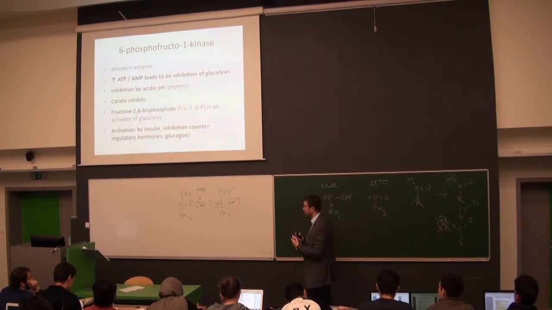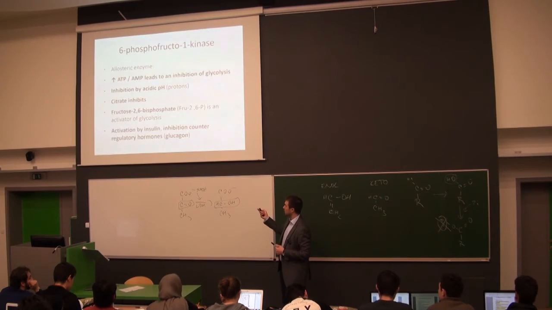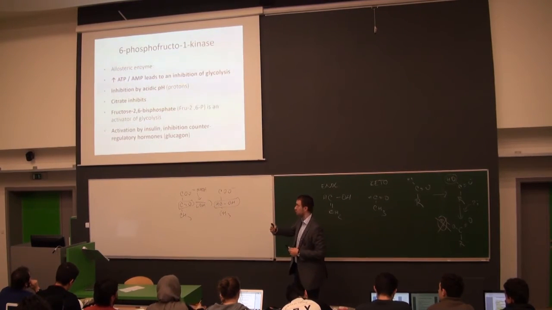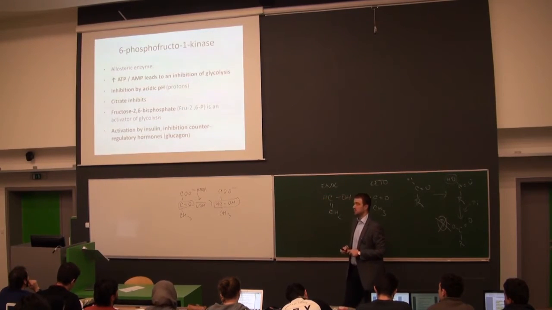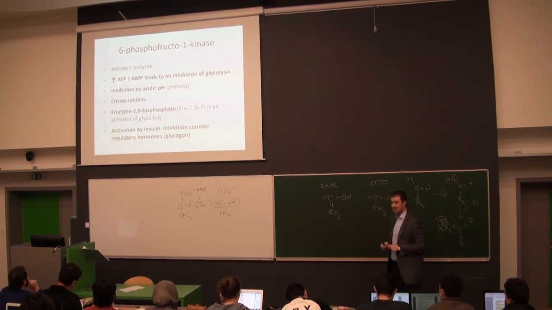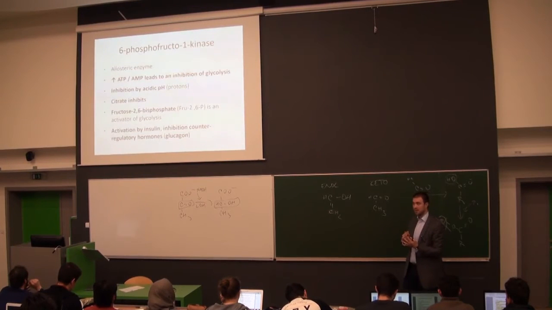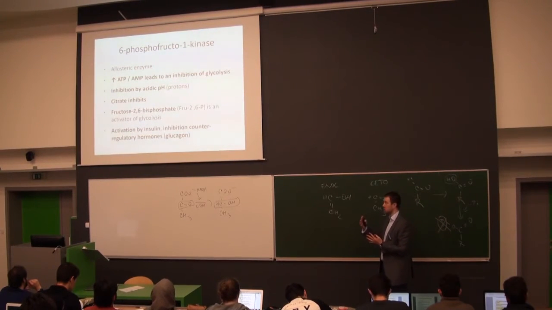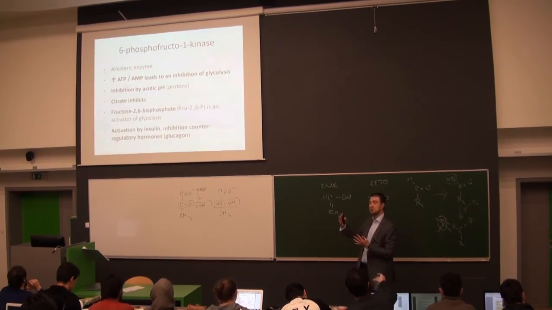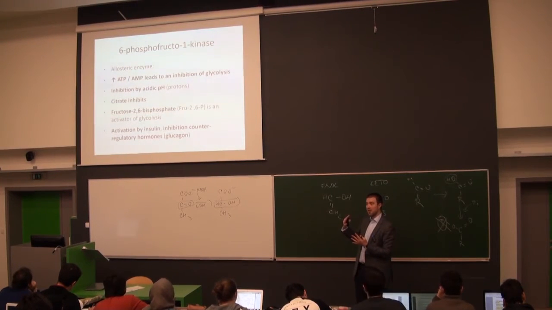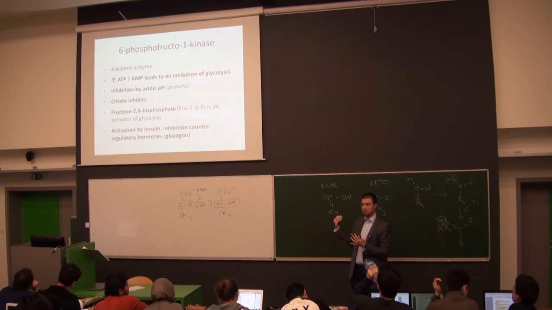Opposite hormones, the counter-regulatory hormones, will phosphorylate the enzyme that should produce fructose 2,6-bisphosphate, and in that state, it will switch off the kinase activity to produce the fructose 2,6-bisphosphate, and on the other hand, it will show the ability to destroy the molecule.